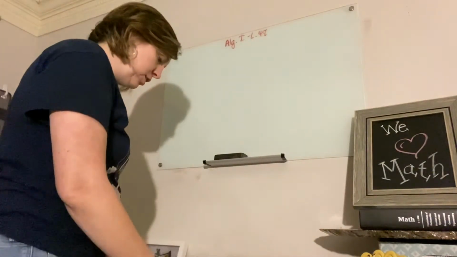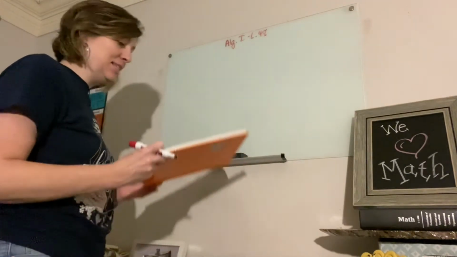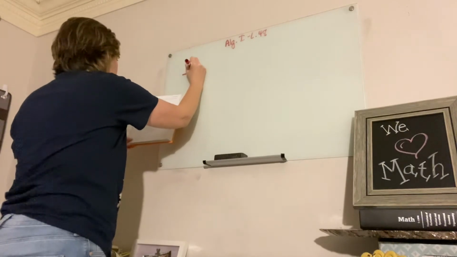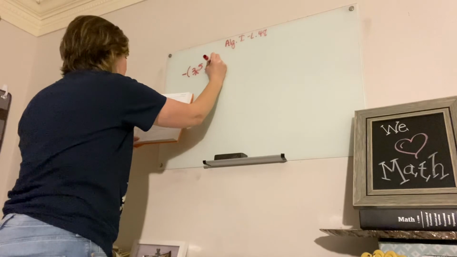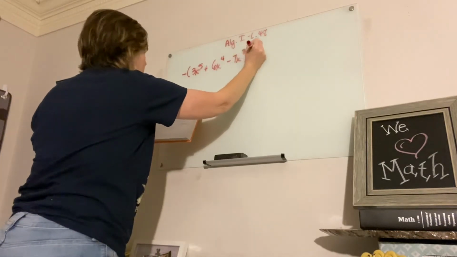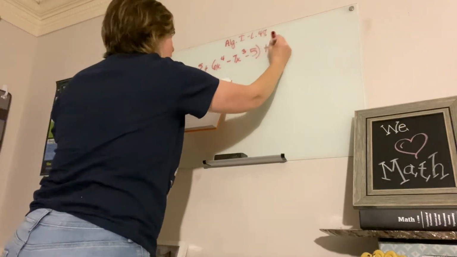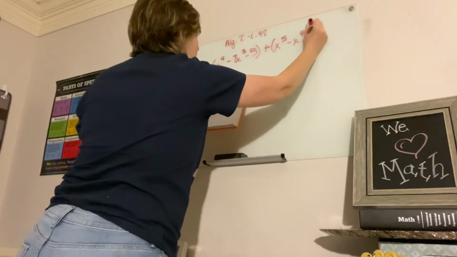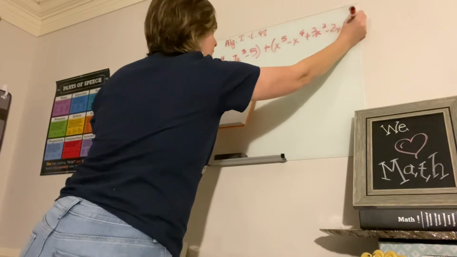All right, so we're looking at our practice problem, and this is letter A, and it says negative 3x to the 5th plus 6x to the 4th minus 7x cubed minus 5, and then it's being added with x to the 5th minus x to the 4th plus 3x squared minus 2x minus 8.